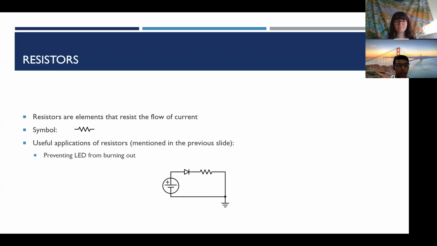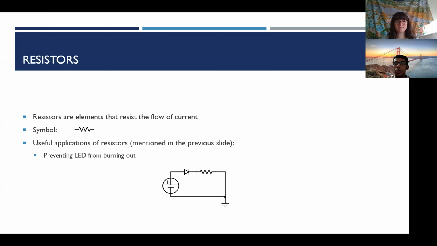As promised, here are a few examples of instances in which we want to use resistors. Over here, I have the symbol of an LED and a battery. Just like we said before, if there are any fluctuations in the voltage of this battery, it's going to cause the current in an LED to change enormously. That could burn the LED out or cause it to stop glowing, depending on what kind of fluctuation it is.